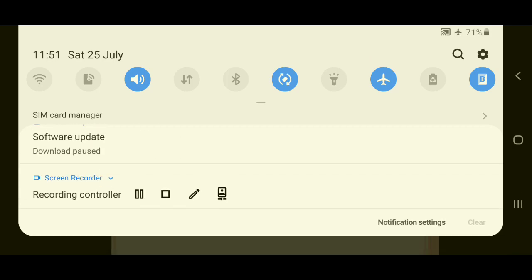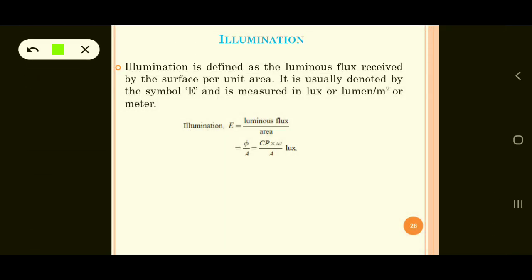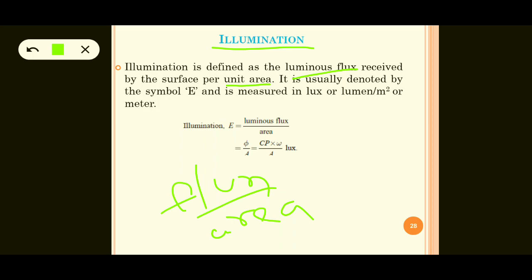This is a very important equation: illumination is luminous flux per area.